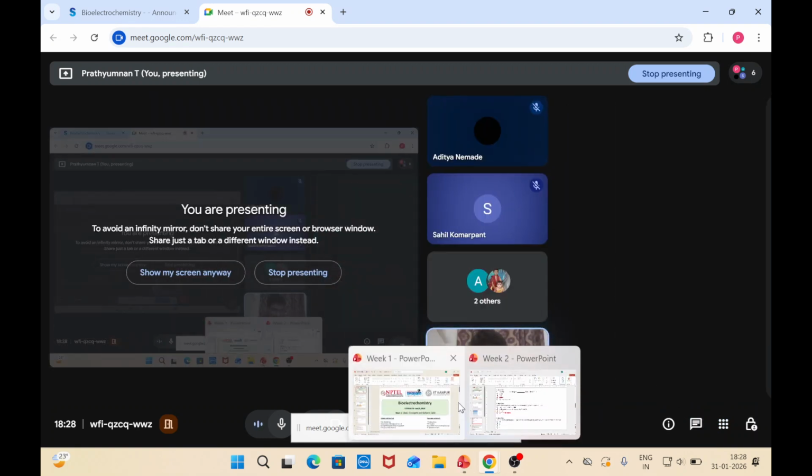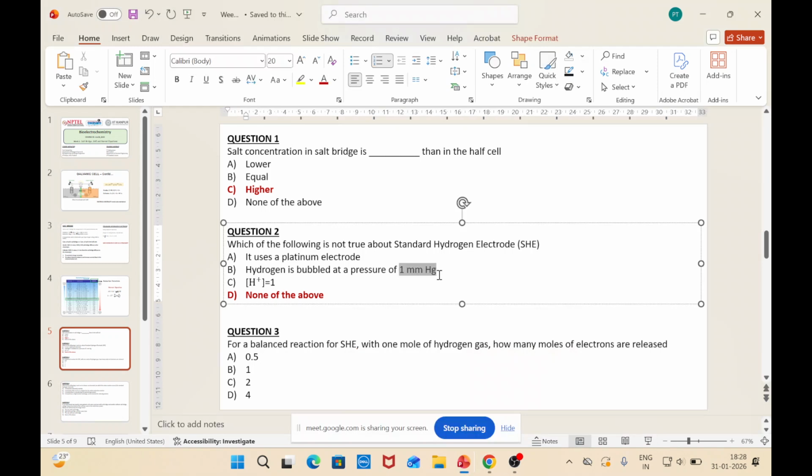But here it says it is 1 mm of Hg, 1 mm of mercury. So how many mm of Hg makes up 1 atmosphere? Any idea on this? 1 atmosphere is how many millimeters of mercury?